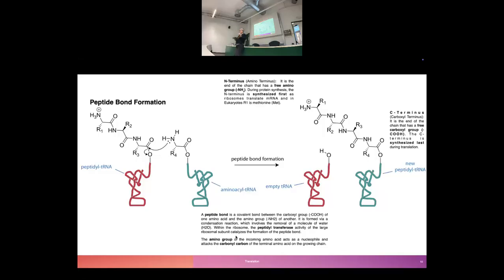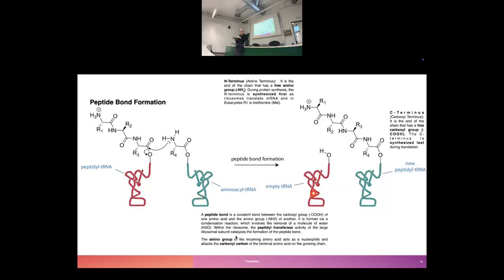So it is a dehydration reaction. Through this reaction, a water molecule is formed, okay? And the final result is that now the chain is associated to the tRNA which was the one bringing the new amino acid.